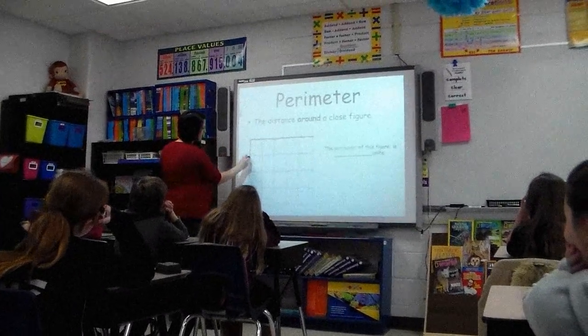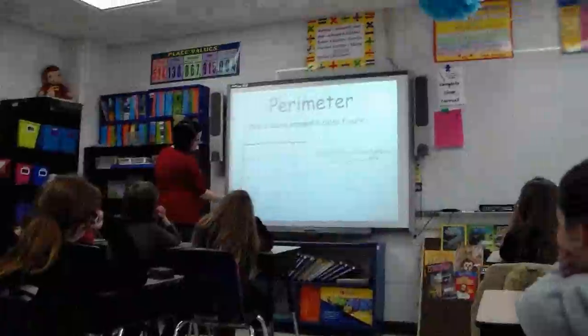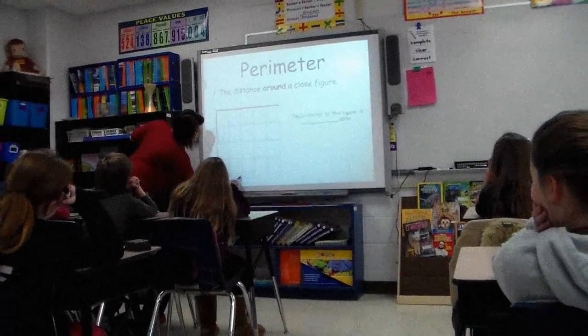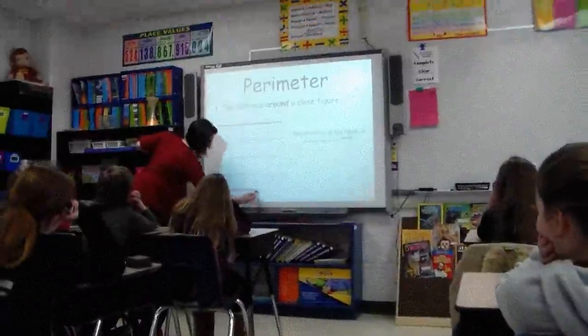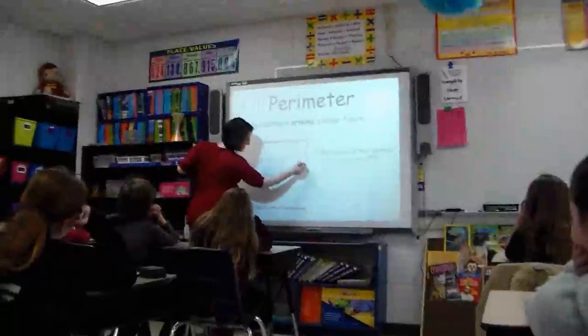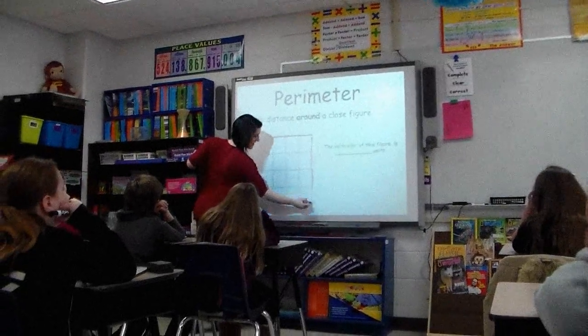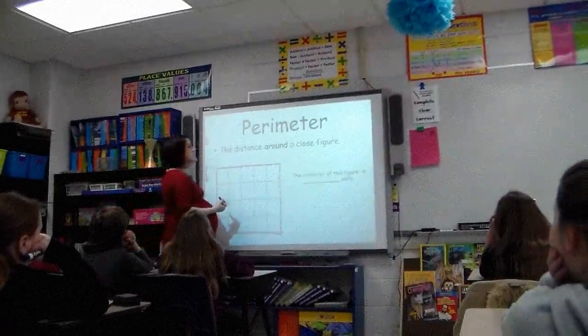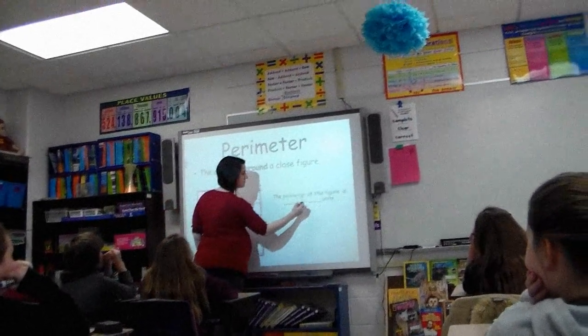So that's 6, 7, 8, 9. Now we got to go down this way. 10, 11, 12, 13, 14, 15, 16, 17, 18. So what's the perimeter of this figure? 18. 18 units.